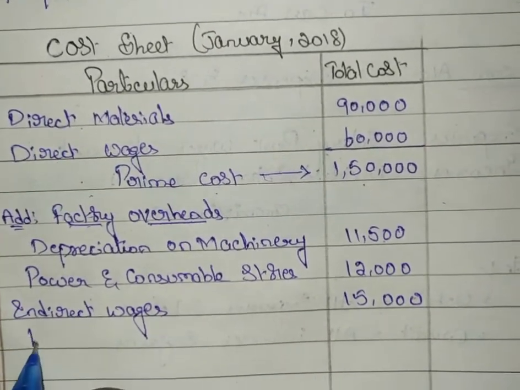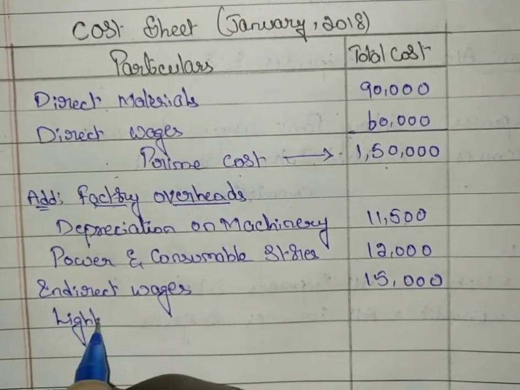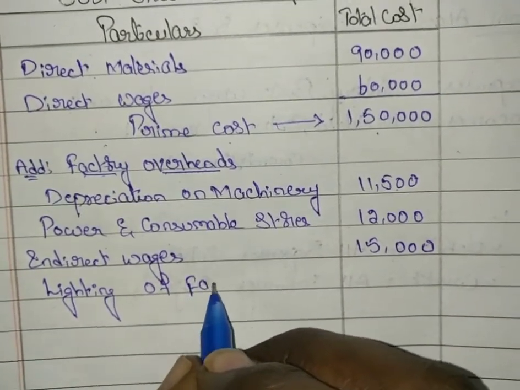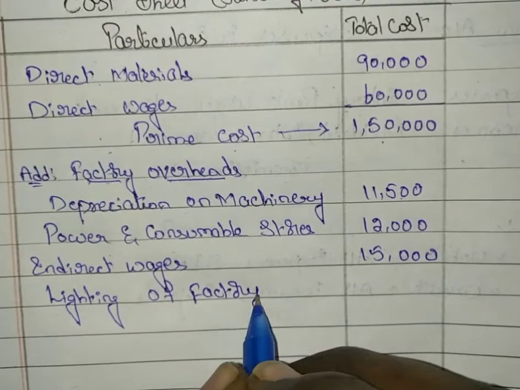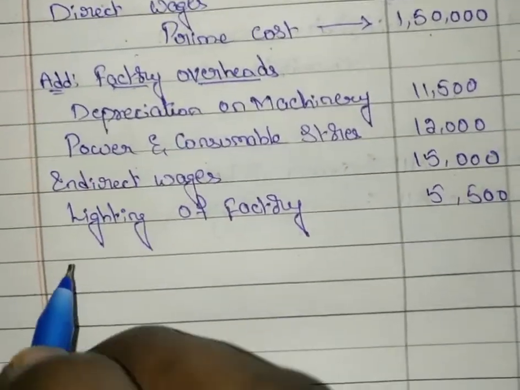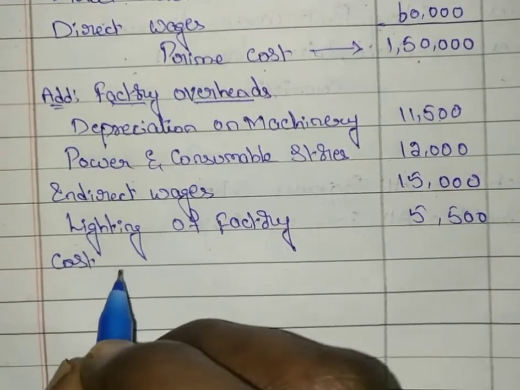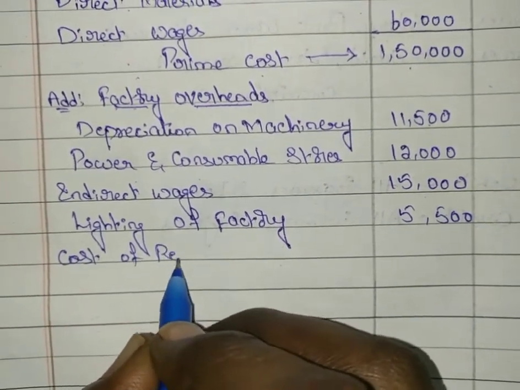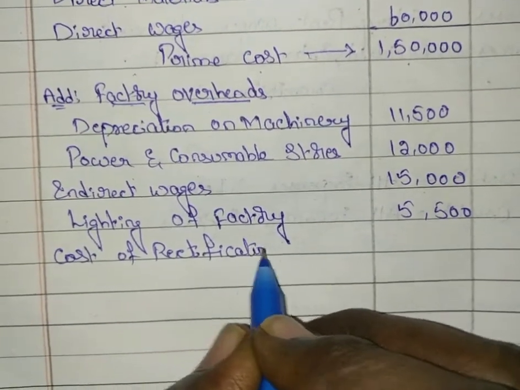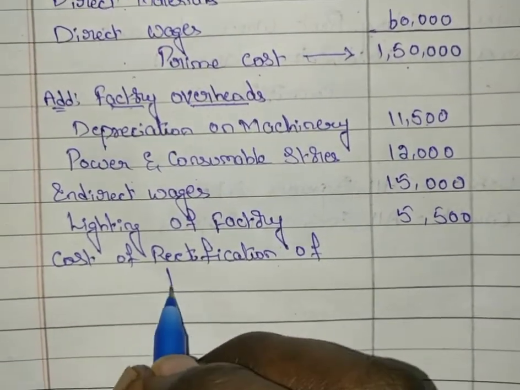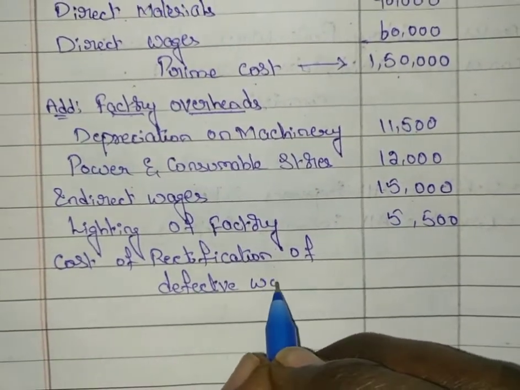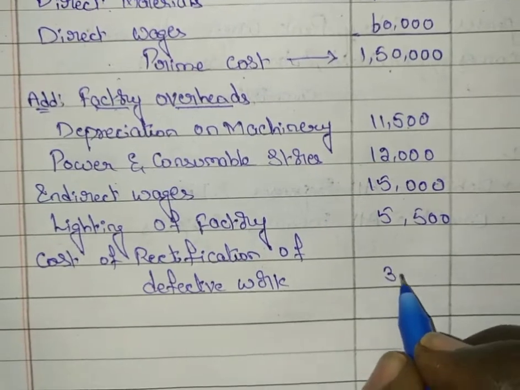And next, lighting of factory, 5,500. And cost of rectification, that is the cost we incurred for the rectification of defective work, amount is 3,000.